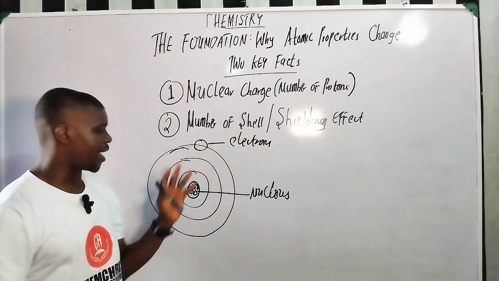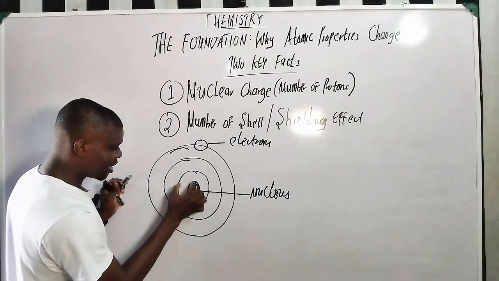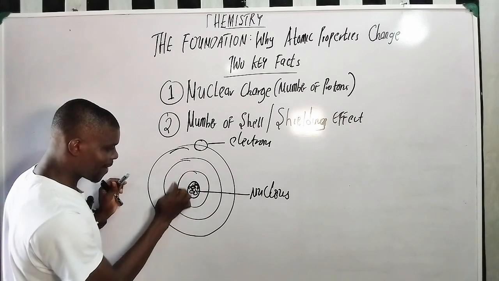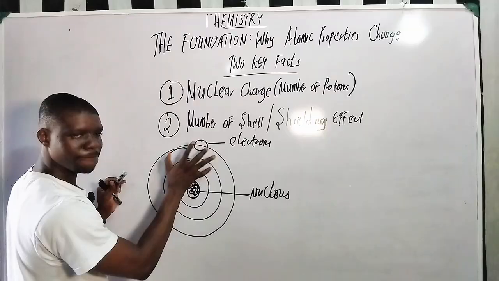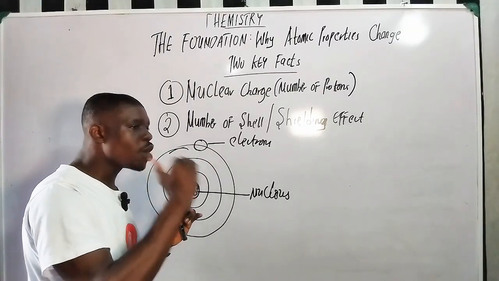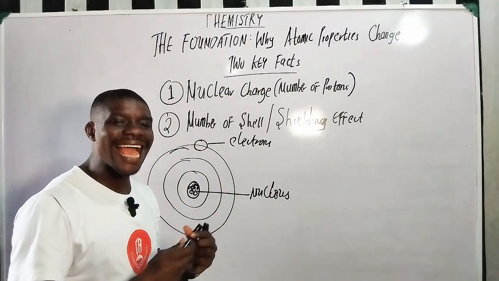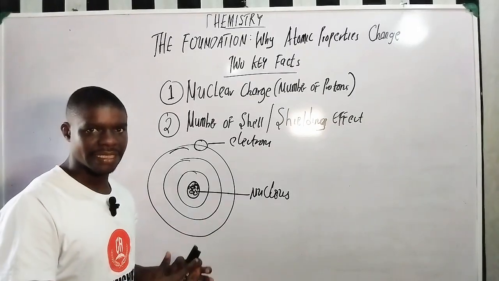If for example we have the nucleus, the first shell, the second shell, and the third shell, you can see that as the number of shells increases, the size of the atom increases.